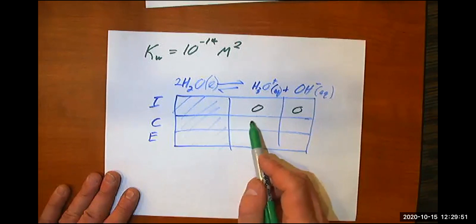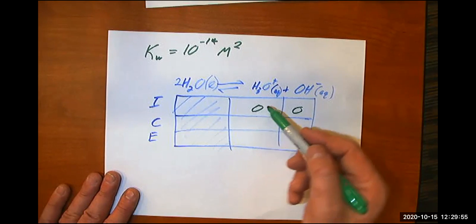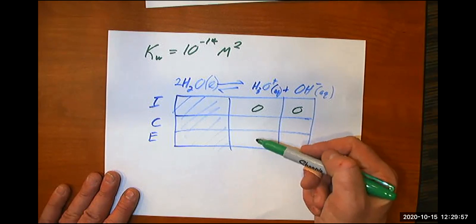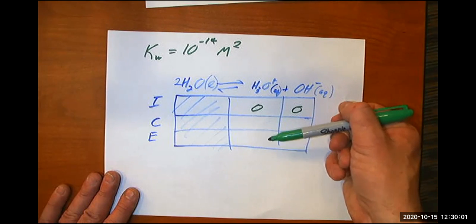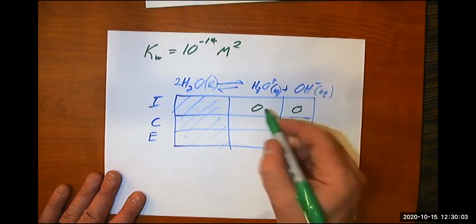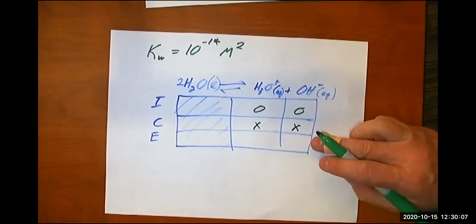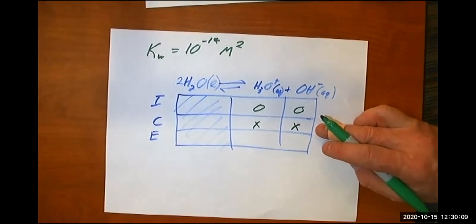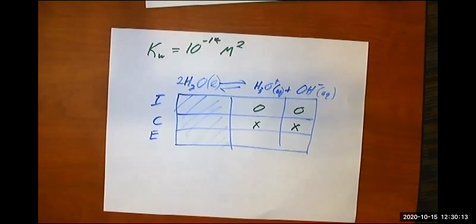If we put a negative x here, that would imply we're going to get a negative concentration when we add the initial and change lines, and that doesn't make physical sense. So in this case, it's got to be positive x. That's the first thing you should look at.